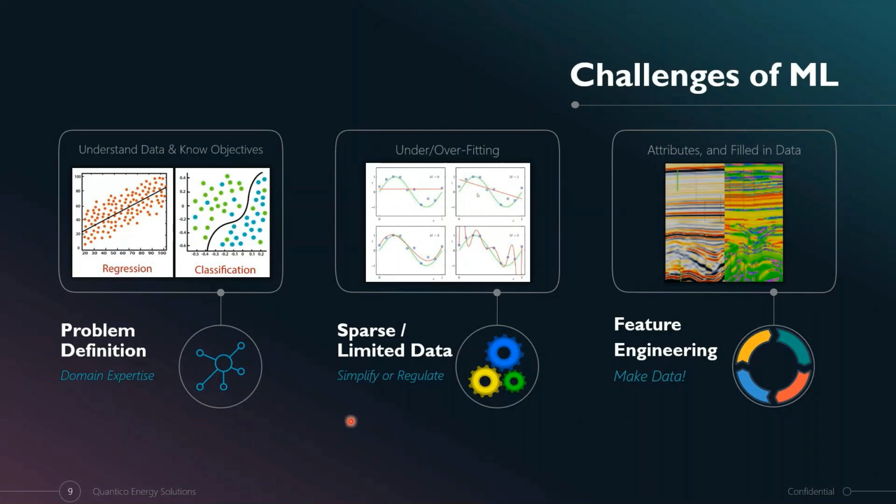Another challenge could be sparse or limited data. Machine learning methods usually require a lot of data to learn. However, there are very powerful methods that allow us to do these data-hungry algorithms on conventional data sets, like sparse, limited data sets like we would have in a seismic inversion setting. We've had success with using maybe 3-4 wells for doing a neural network-based seismic inversion method.